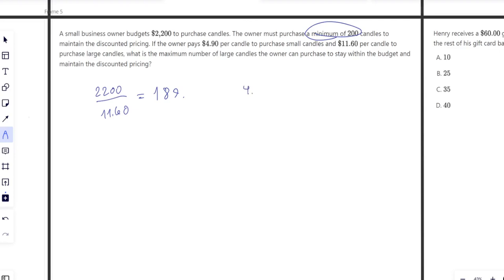So 4.90 per small candle plus 11.60 per large candle, that total price is going to come out to 2200. And we also want the constraint that the number of small and large candles sums up to 200.